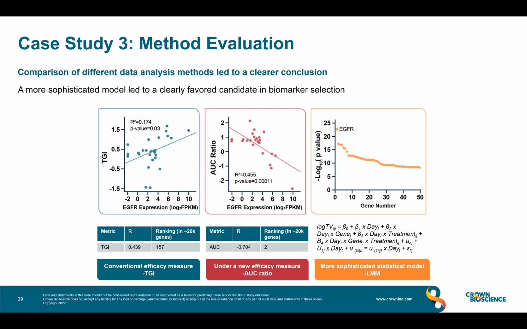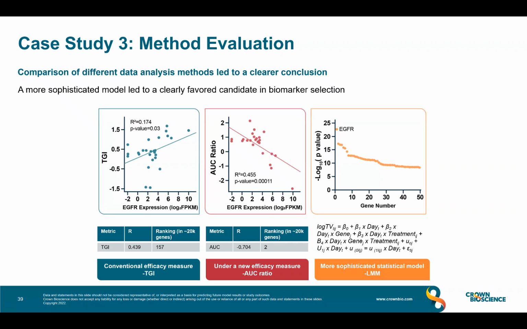However, if we use a more sophisticated statistical model, that is, a linear mixed model, to evaluate the association between gene expression and tumor growth, we identified EGFR as the top gene, which is a much more significant gene than any other genes in the transcriptome.